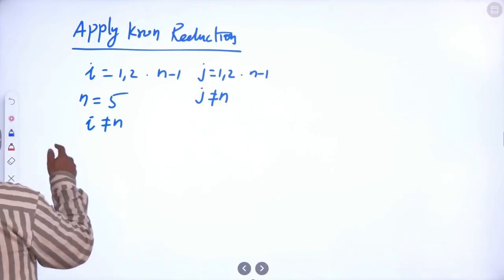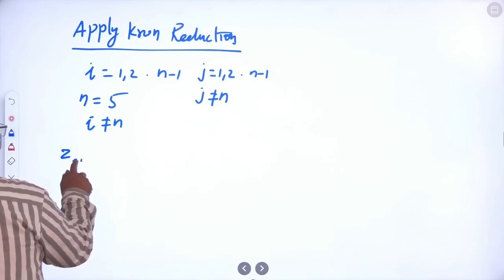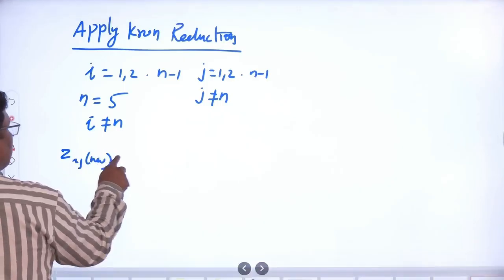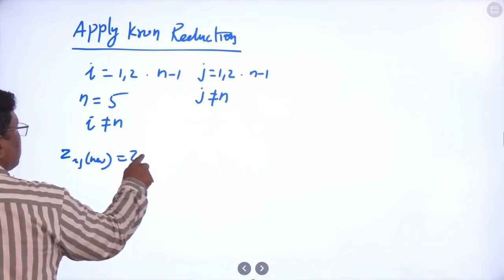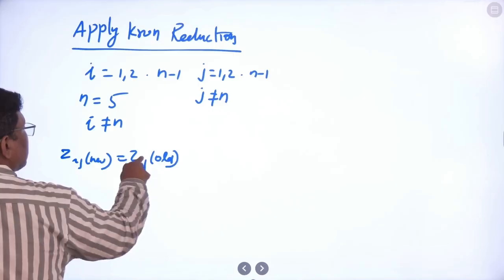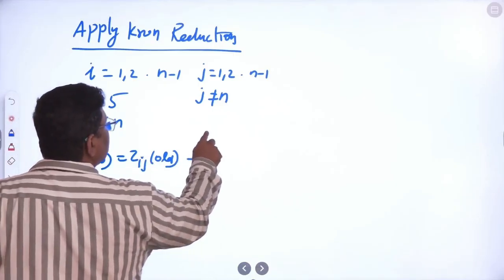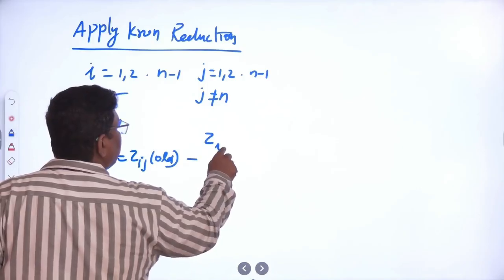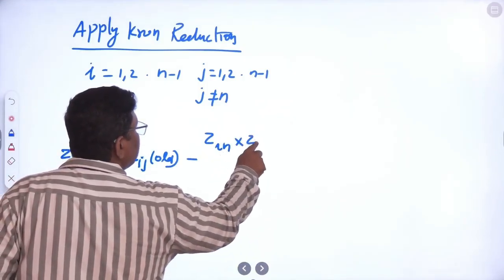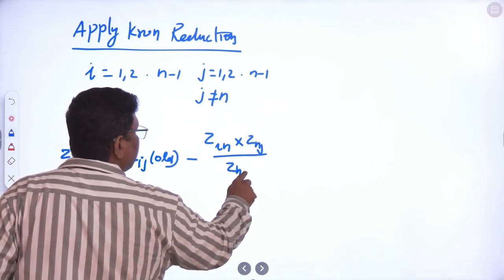So what is the Kron reduction rule? Zij new equals Zij old minus Zin into Znj divided by Znn.